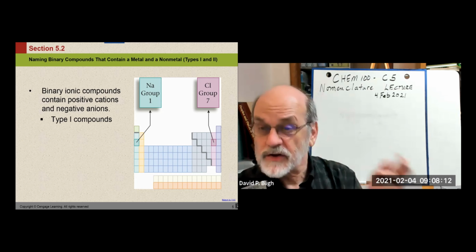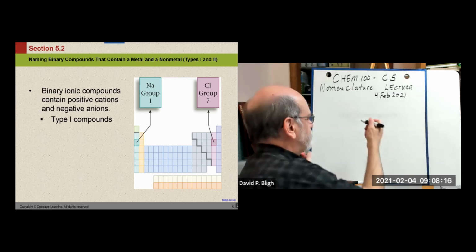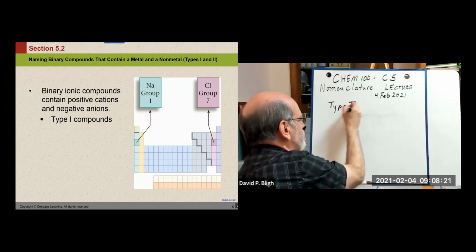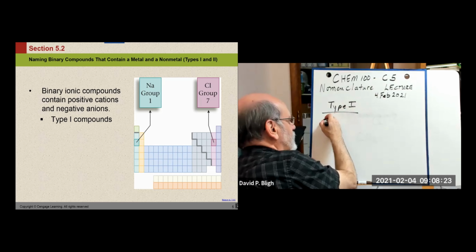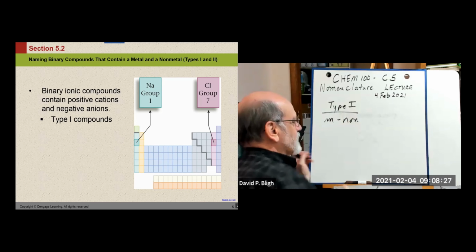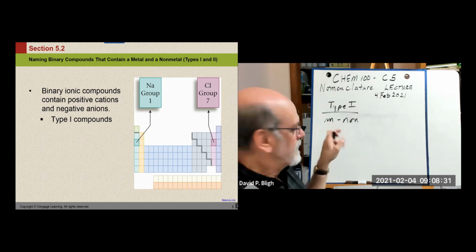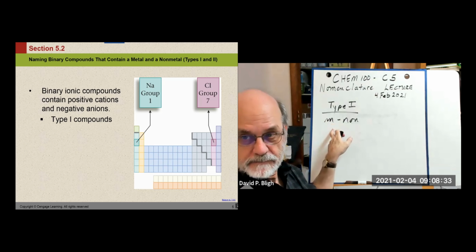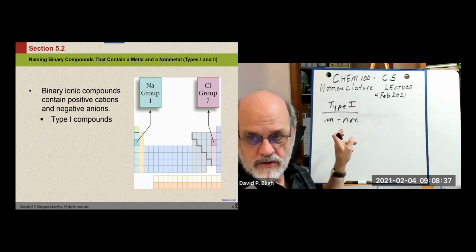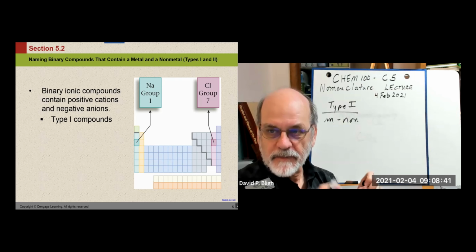Okay, so that's a good place to start. Type 1 compounds. Metal and non-metal. Focus on the metal. Can the metal have more than one charge?